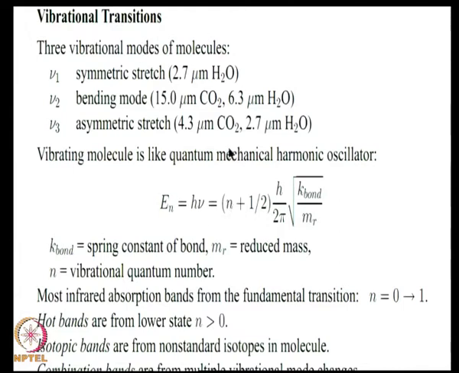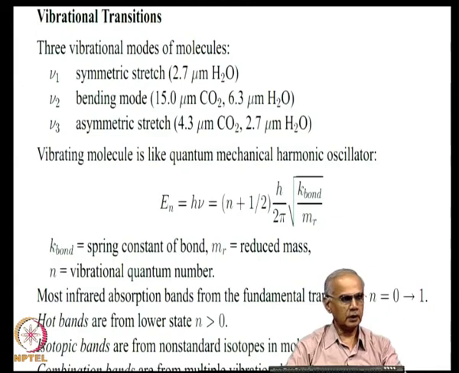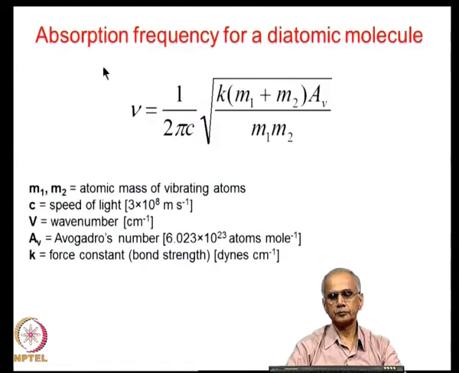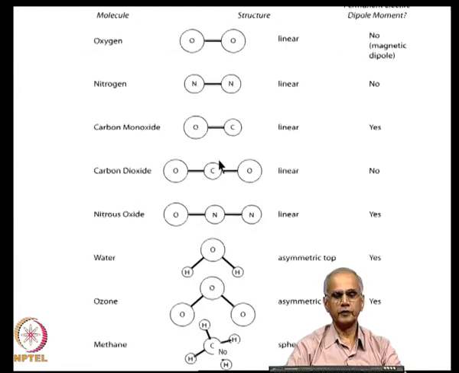One example here is that of water vapor and carbon dioxide, and they undergo different kinds of vibrating transition. It can be stretching of the molecule or bending of the molecule, and we will give examples of these a little later. This is the equation. If a molecule with 2 different masses forms a diatomic molecule, then the effective mass will be m1 m2 by m1 plus m2, and so from this you can calculate the vibrating frequency.